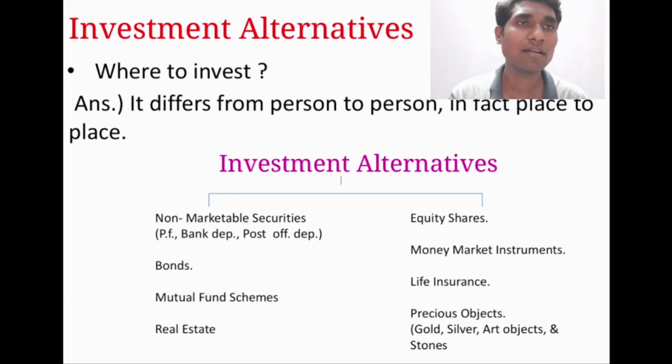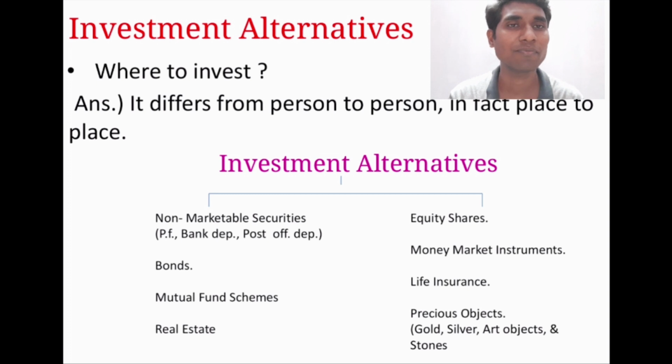So here I have given you some investment alternatives where people generally tend to park their funds. People may prefer to invest in non-marketable securities like PF, Provident Fund, bank deposits, post office deposits. These are all non-marketable securities.